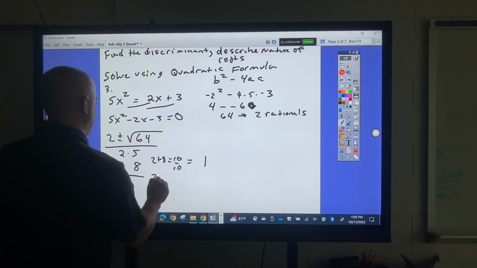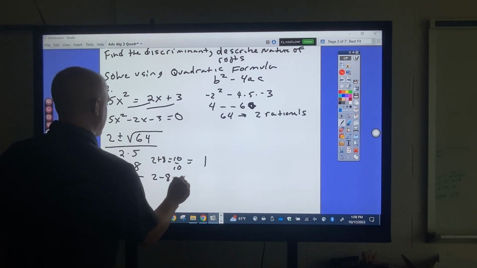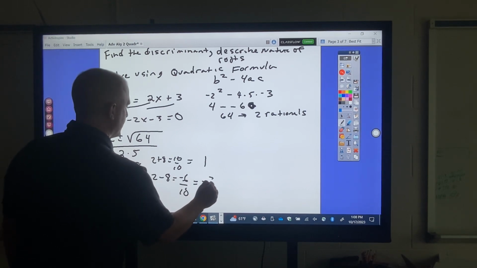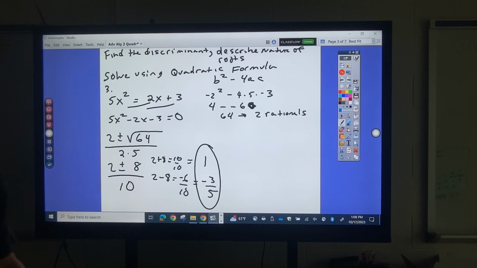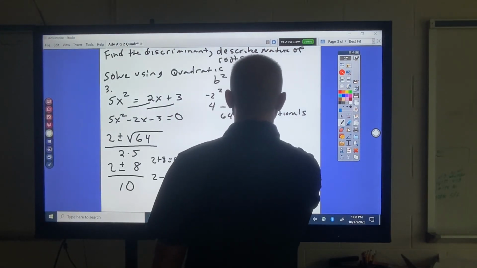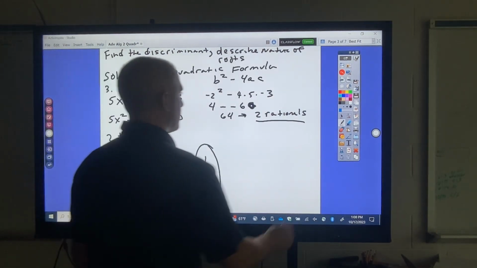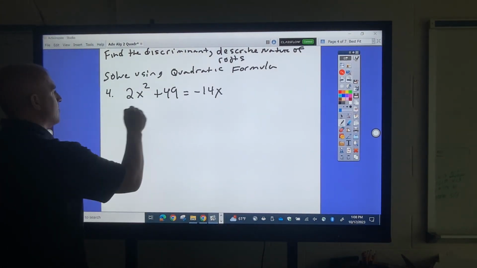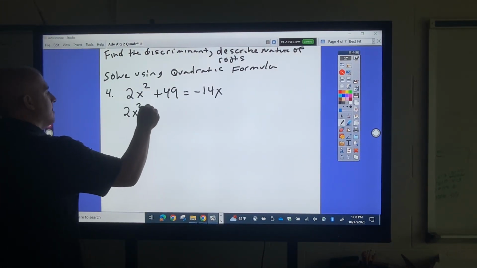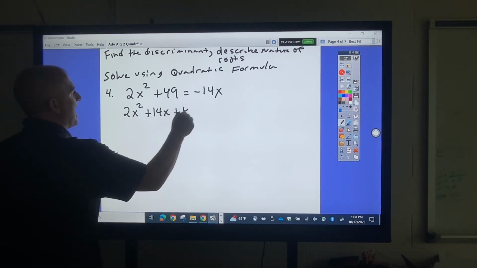I got 2 minus 8, which is -6, divided by 10 would be -3/5. So 2 rationals. That's the nature of the roots. This is the solution.